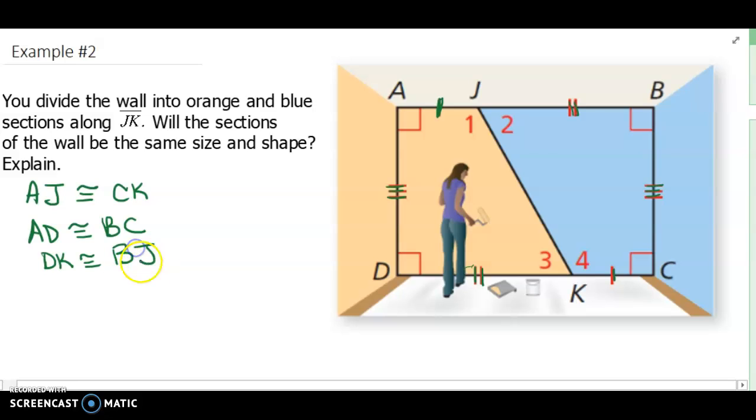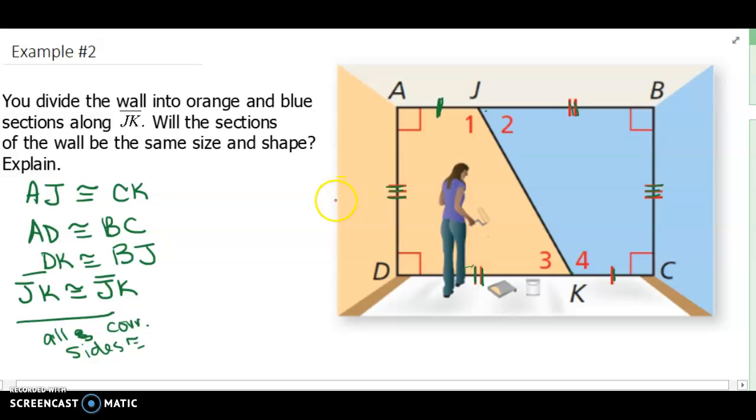So the only side I don't know is JK of the left and JK of the right, but guys, remember this thing called the reflexive property of equality? I could say that JK is equal to itself, and so I know that all corresponding sides are congruent.